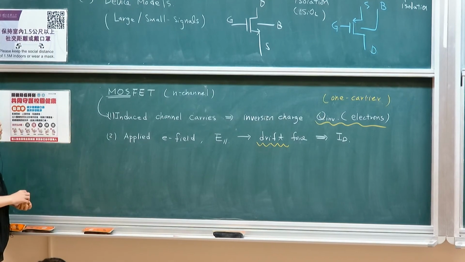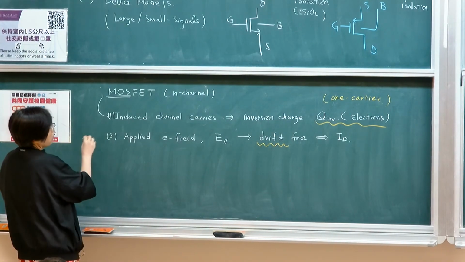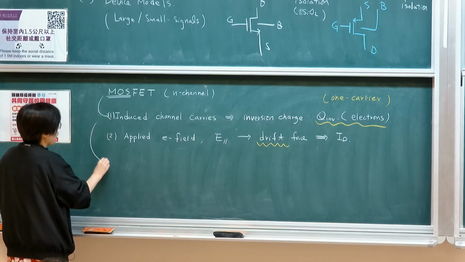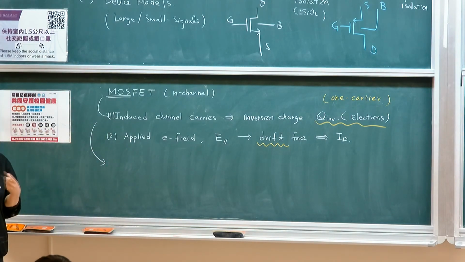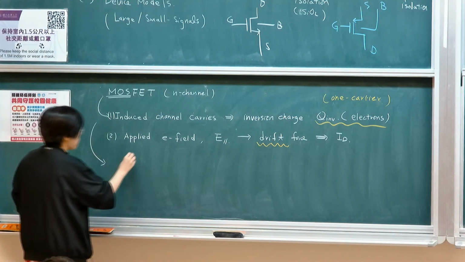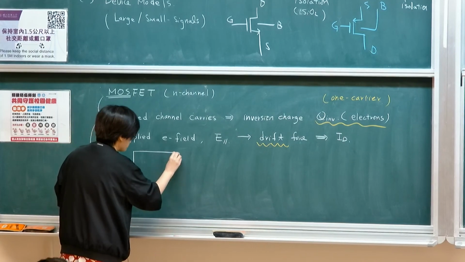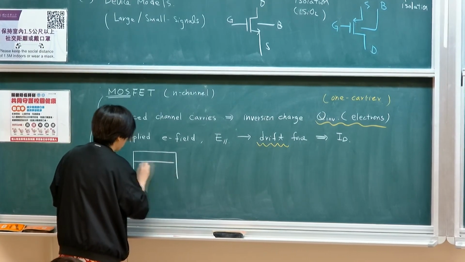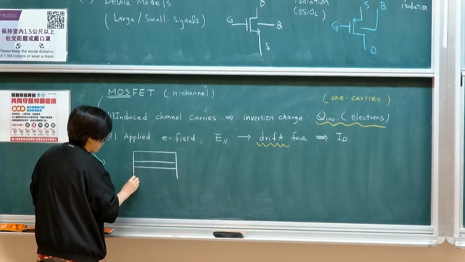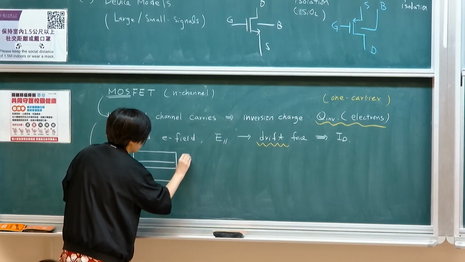Okay? So, let's think about the first part. How does the structure induce carriers? Of course, we don't have time to go into detail as to the operation of an MOS capacitor. Typically, we call it the MOS structure. But I'm just going to give you a simple analogy as to how this happens. Basically, you think of your structure as a MOS.